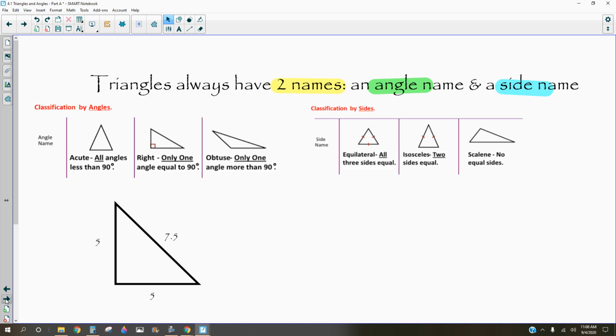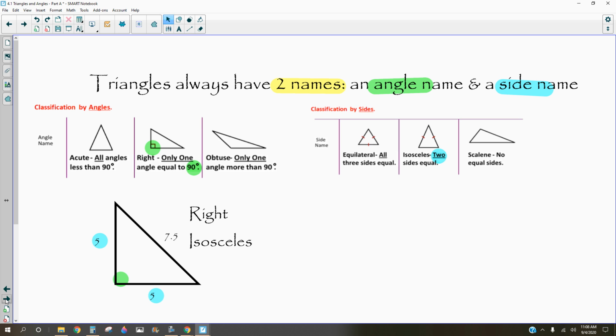So when we name this triangle, we pick one name from each chart. So this triangle would be a right isosceles. It has a 90-degree corner, so it is a right triangle. Two sides are the same, so it is isosceles. That's why we call it a right isosceles.